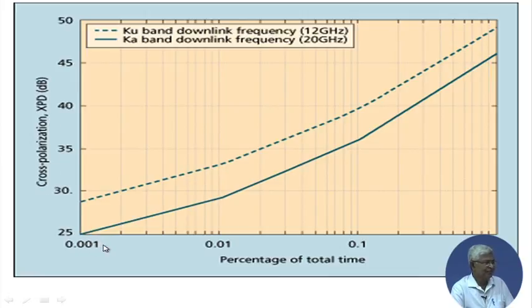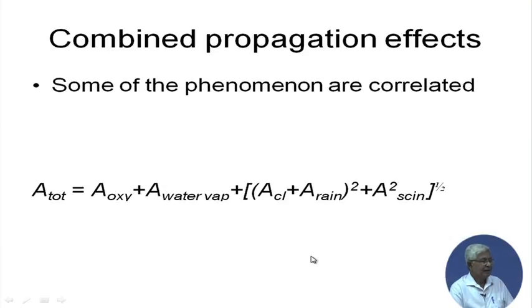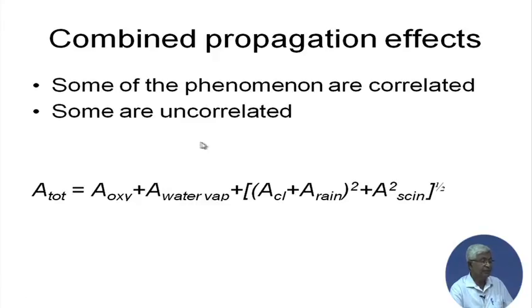These are all again average numbers people have taken based on certain experiments, that is, percentage of time. You can see very low percentage of time, and the cross pole interference is quite high at two different frequencies. So, there is a combined effect of oxygen, water vapor, cloud, rain, scintillation, etc. Some of these phenomena are correlated, some of them are uncorrelated.